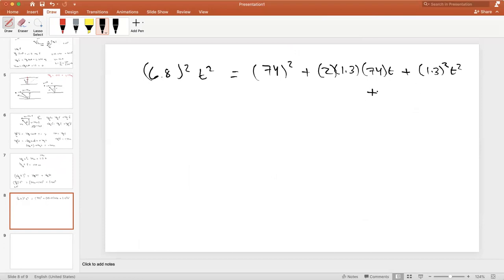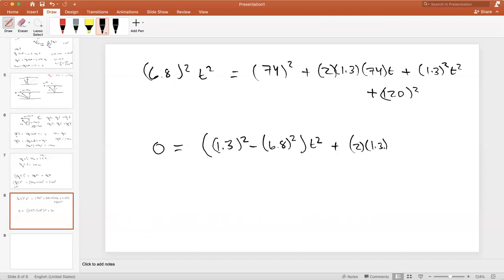And then finally, I have to add that final term, which is 120 squared. I'm going to make this into a quadratic so I can solve it for time. Setting this equal to 0 and adding together the t squared terms, I have 1.3 squared minus 6.8 squared times t squared, plus 2 times 1.3 times 74 times t, plus 74 squared plus 120 squared.